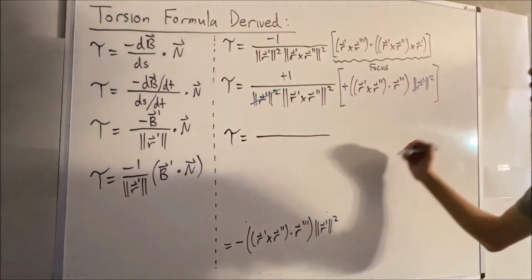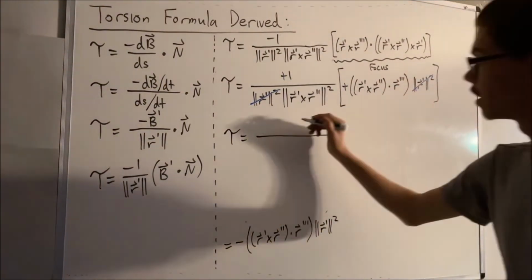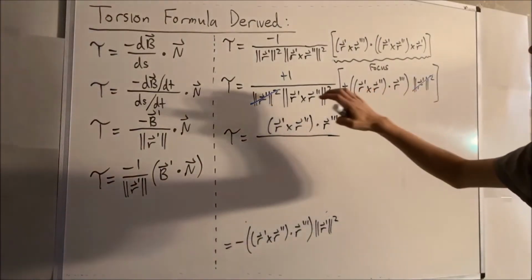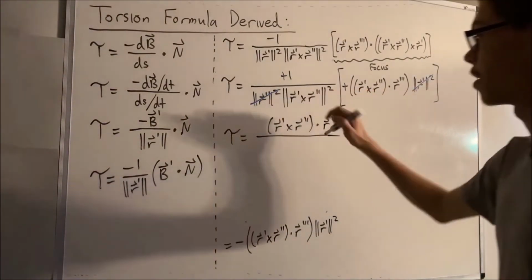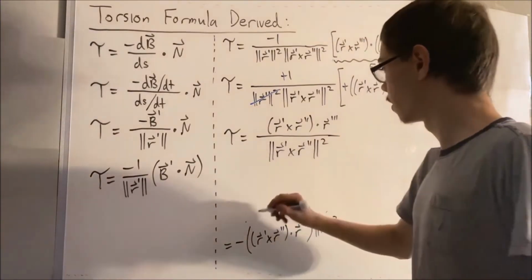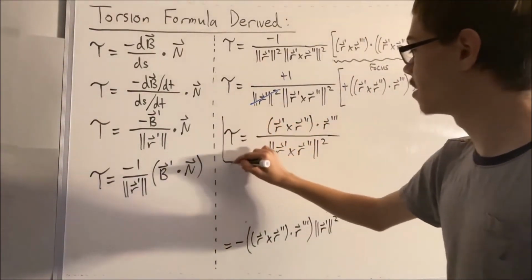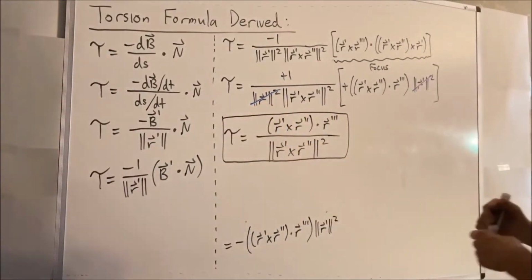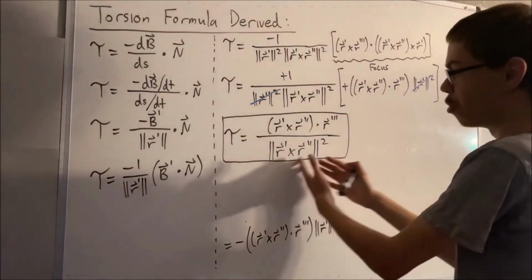In the numerator, all we have is this. And in the denominator, it's the magnitude of our cross product squared. And this is the formula for torsion. And we've basically proven it.